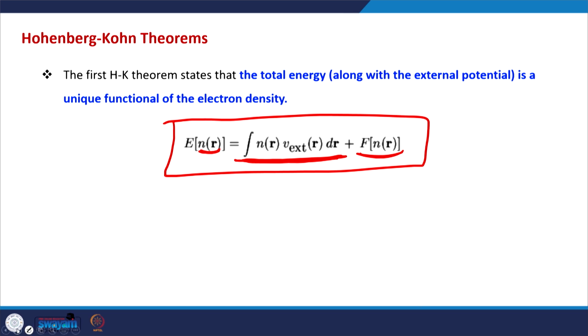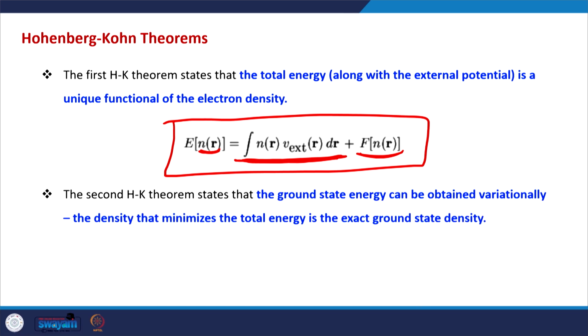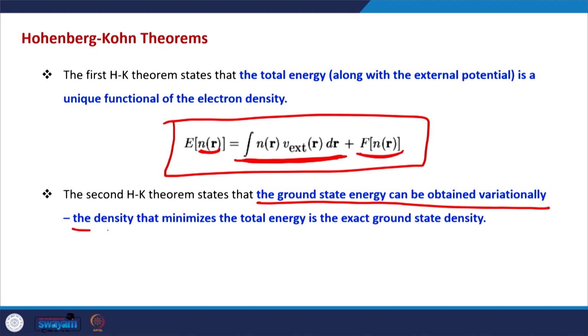The second theorem, the second HK theorem, says that the ground state energy can be obtained variationally. Variationally means by minimizing it as a function of the electron density. So the electron density that minimizes the total energy is exactly the ground state density of the system.